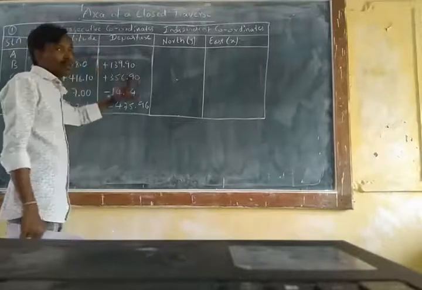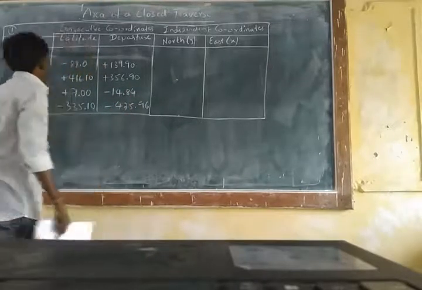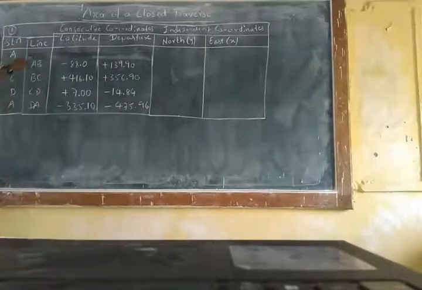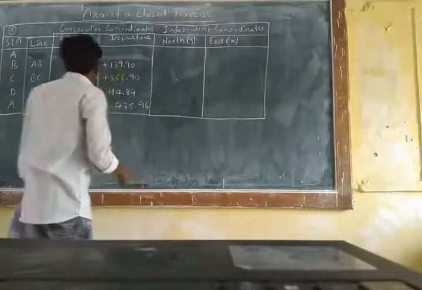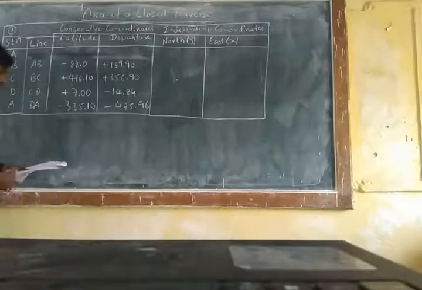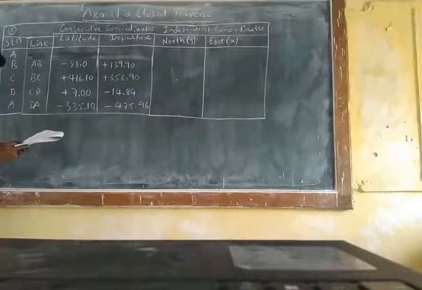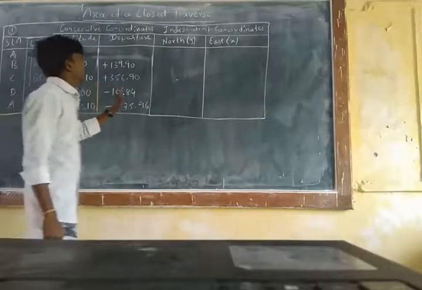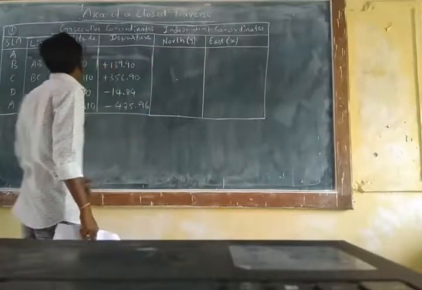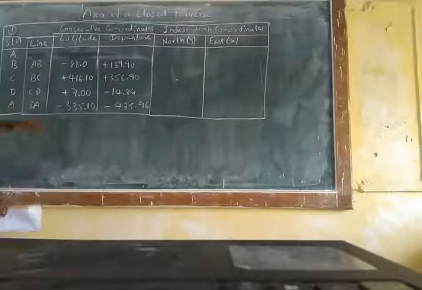But in this particular question they have not given it, and most of the time they won't give it. We have to assume it. So for the first point A, assume any number which makes all these things positive. Look here, write anything. So the first point is AB.